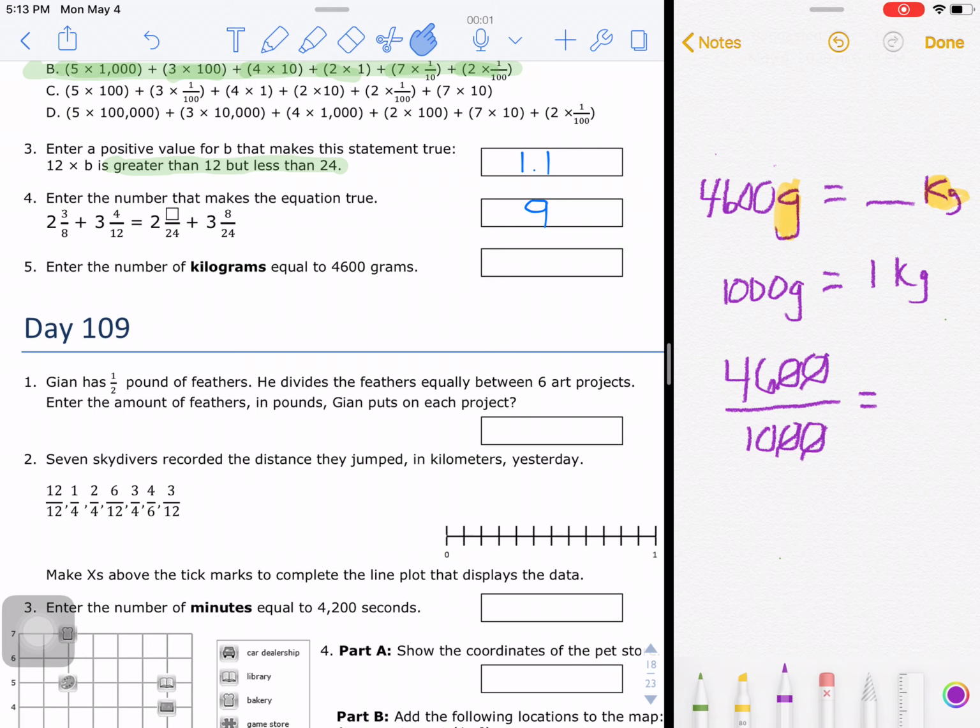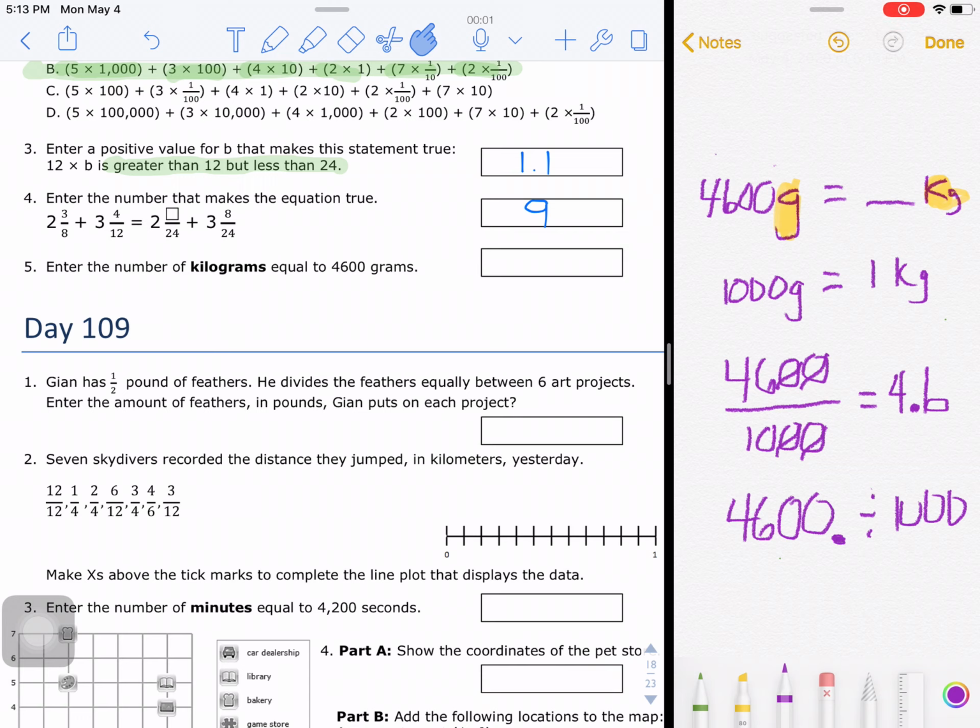So 46 divided by 10 is equal to 4 and 6/10. And the other way of remembering that, I'll just write it this way again, because it's good to be able to look at things differently. And so again, here's my decimal point.